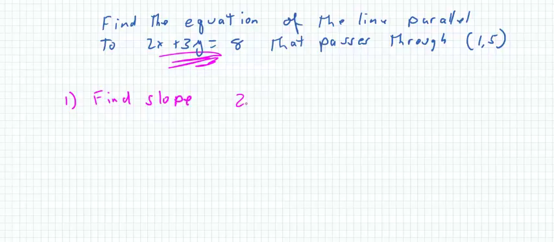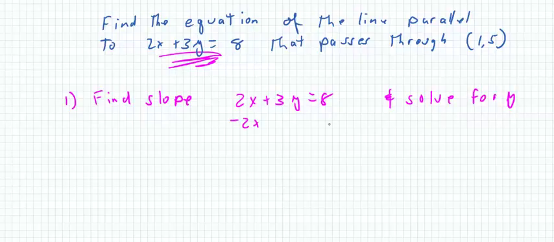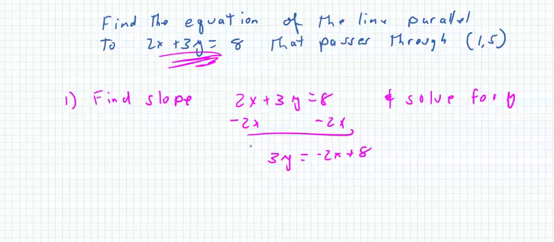So I take 2x plus 3y equals 8, and I solve for y. So minus 2x, 3y equals negative 2x plus 8.